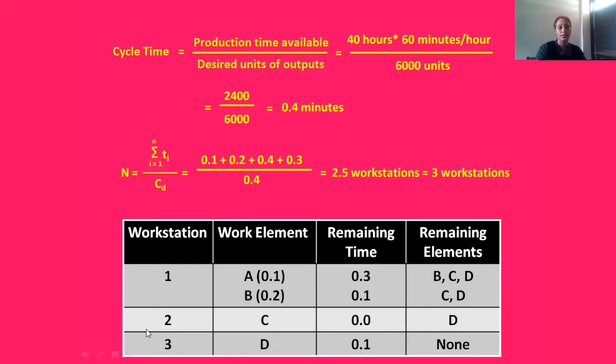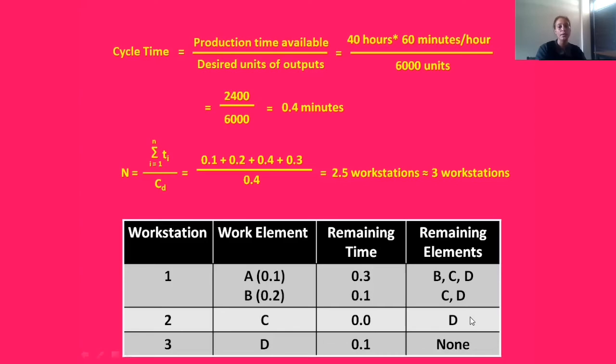So now we move to the second workstation. Here we allocate the next work element, C, and there is no remaining time, because the maximum time we allocate for a workstation is 0.4, and C also requires 0.4 minutes to complete. So the idle time for workstation 2 would be 0.